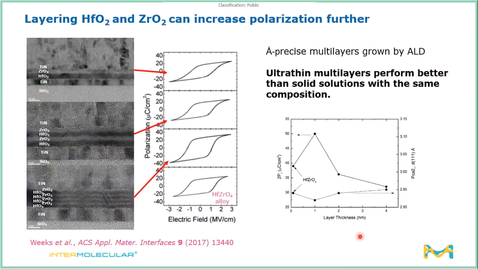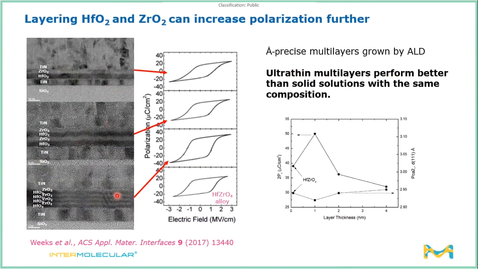We can also take this a step further, in that we can really start to reduce the thicknesses of these different layers. So, we can start with, say, a bilayer film of hafnium oxide and zirconium oxide with zirconium oxide on the top. We can reduce the thickness of those layers by half and then increase the number of layers, or we could do that again. So you have 2 layers, 4 layers, or 8 layers total.